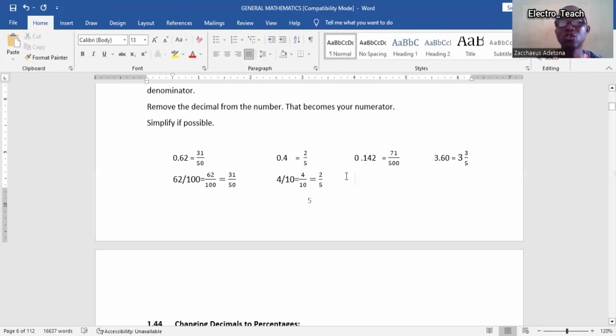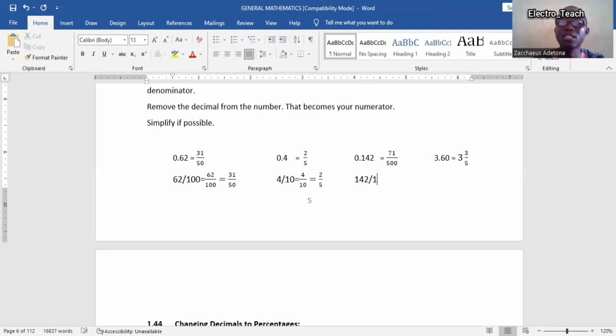Now 0.142, there's no number before the decimal point, it's 0. So we represent the decimal point as 1 for the denominator. 142 will be the number on top, divided by 1, where you represent the decimal point as 1.